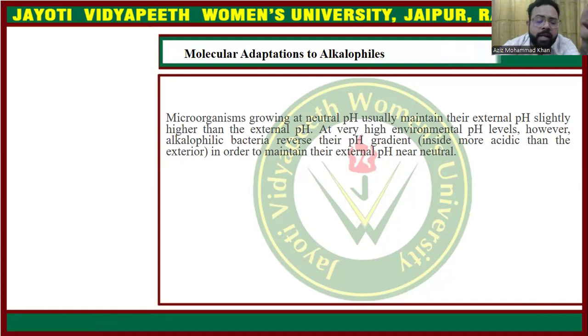So the outer environment is alkaline, but they maintain their inside environment in acidic conditions. So their inside condition is acidic and the outer condition is alkaline. So they maintain their internal pH near neutral.